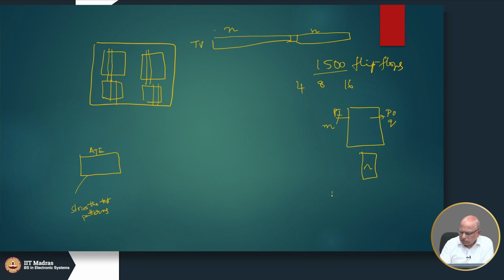So, the test vector will consist of m plus n bits input and q plus n bits output. So, you will have a total of m plus q plus 2n bits for one vector.